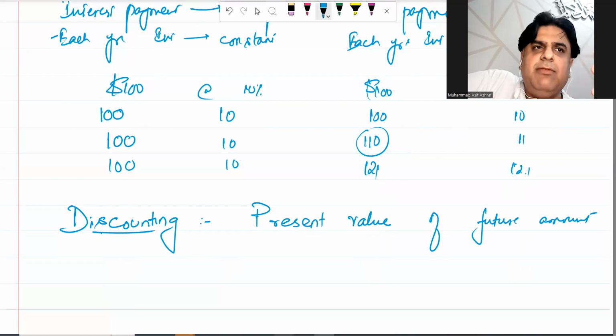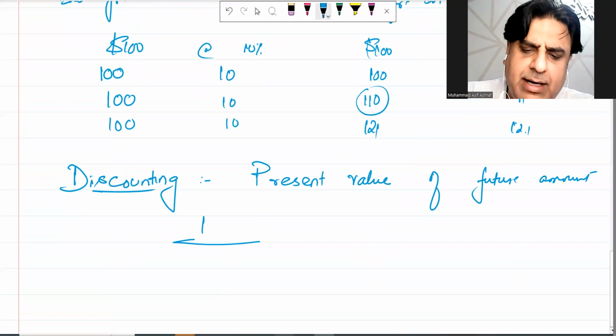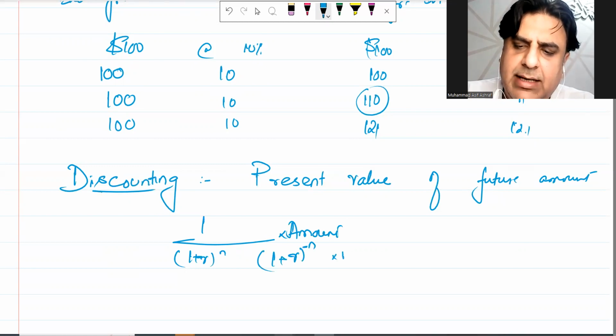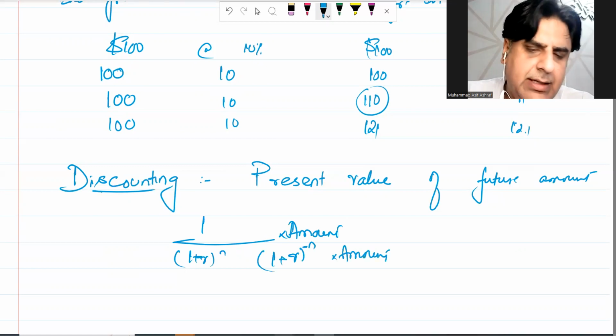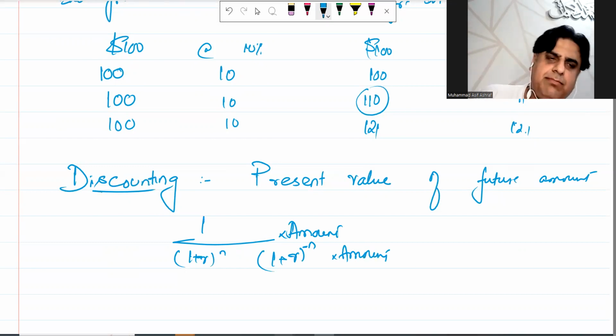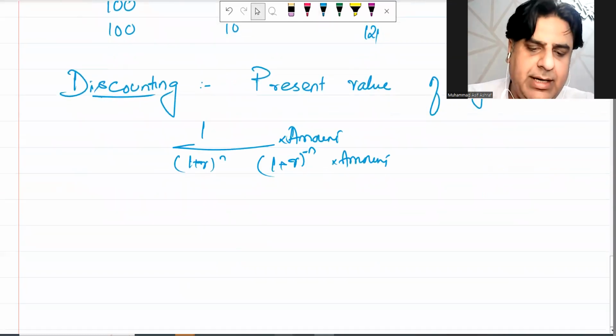What is the present value of that 10 rupees or $10 right now? This is what we call discounting. The formula is very simple: 1 divided by (1 plus r) raised to the power n, into amount. You can also write (1 plus r) raised to the power minus n, into amount. Because the majority of your calculations are based on discounting, I'll follow discounting here.